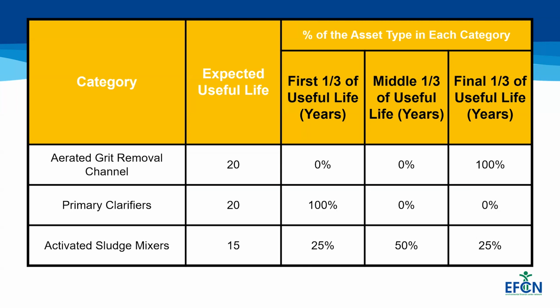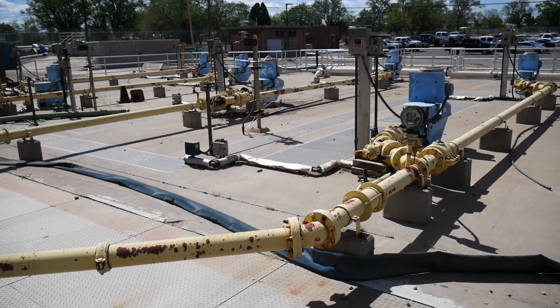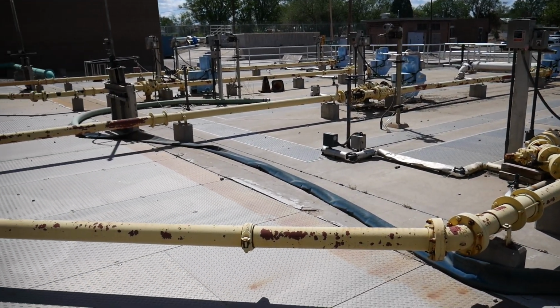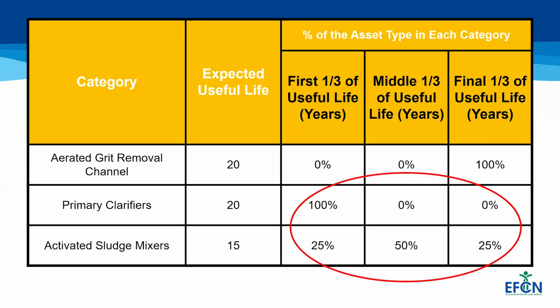Another simple strategy for determining the priority of our assets is categorizing the assets based on which third of their remaining useful life all or most of their units are in, which for our example may look something like this, where the aerated grit channel and all of its components are considered one asset that is in the last third of its life, and our other two assets we are analyzing may have some of their components in different phases of their life cycle.